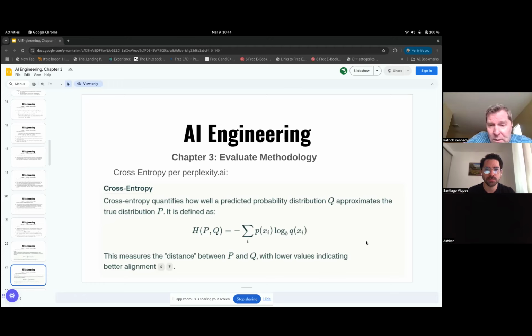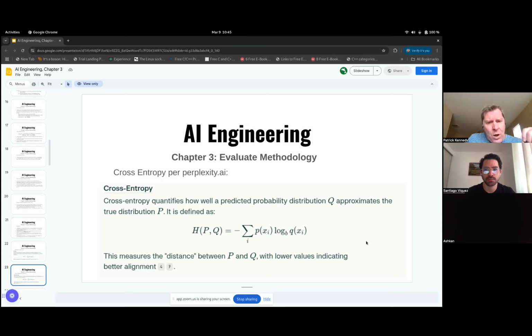So cross entropy quantifies how well a predicted probability distribution Q approximates the true distribution P. Okay, so this is pretty good. Q is the predicted probability distribution, and P is apparently the true distribution.